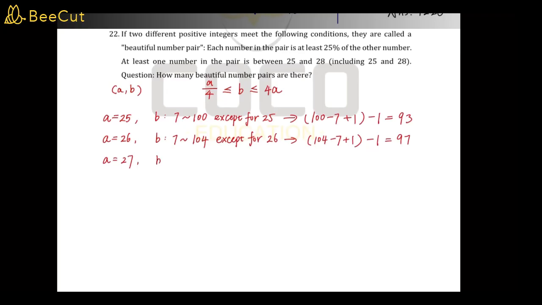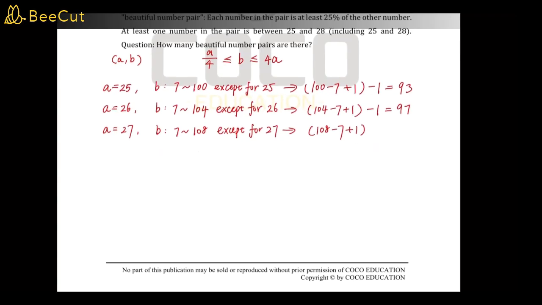So when A is 27, B is a number from 7 to 108, except for the number 27. Then this is 108 minus 7 plus 1, we get 102 numbers. Take out the number 27, that's 101 numbers.